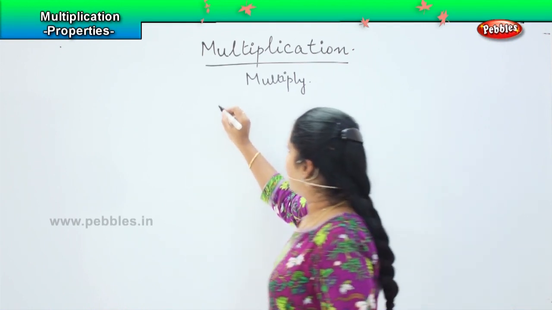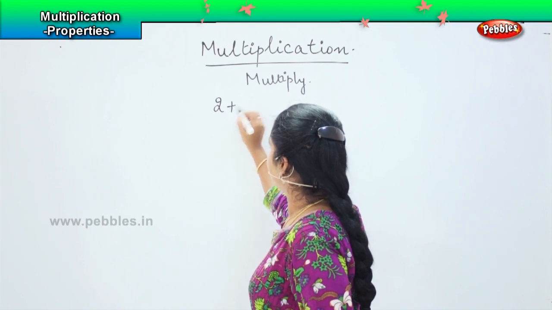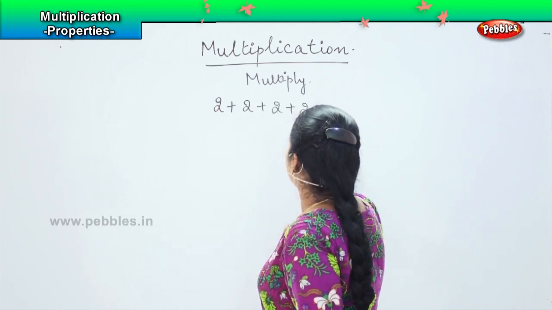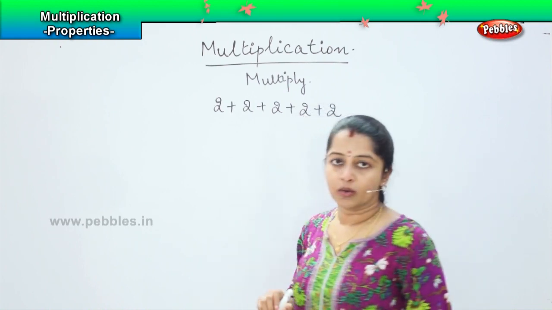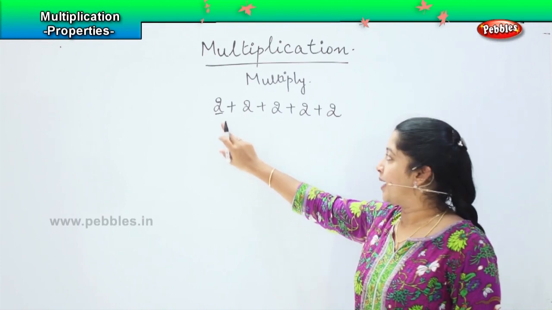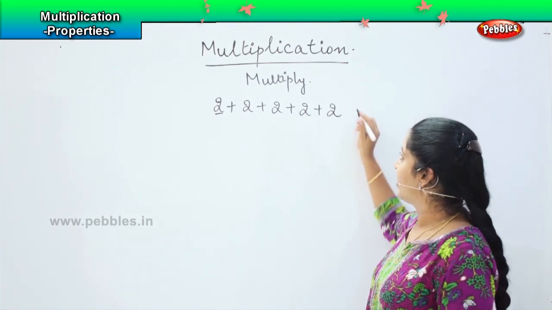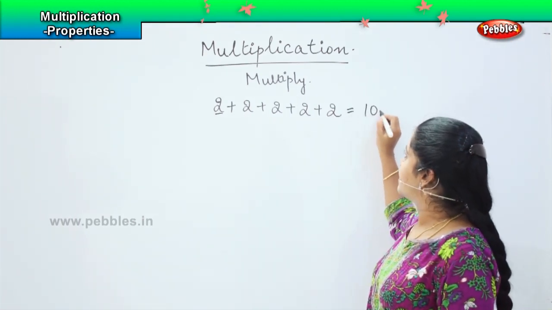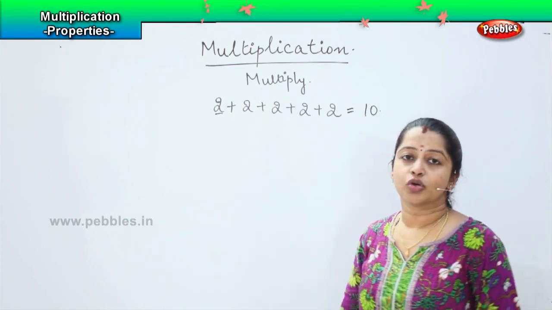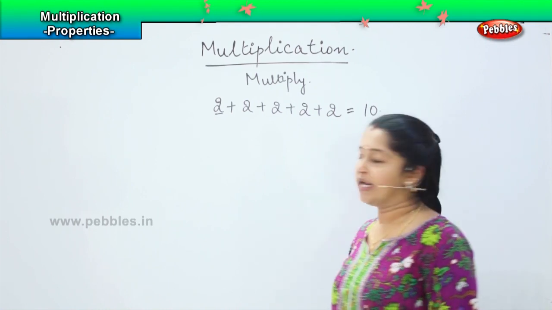Suppose for example, if I write 2 plus 2 plus 2 plus 2 plus 2. Now I am adding this 5 times, right? 1, 2, 3, 4, 5, and it will give me an answer 10. Now, the same thing if I have to show in a multiplication form, how will I do?